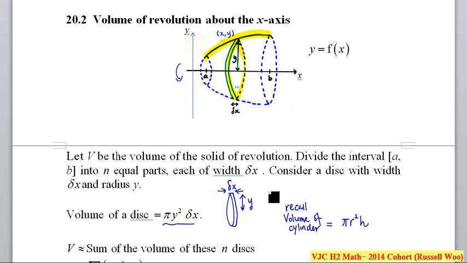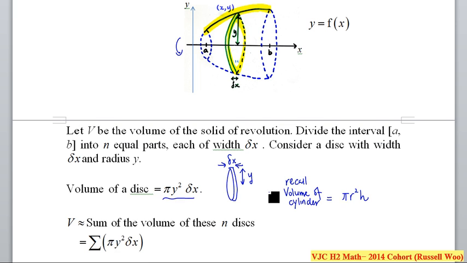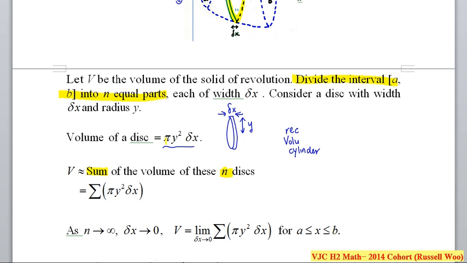Now, the volume of this solid of revolution is actually the sum of the volume of n discs. I'm not going to repeat this idea again because we have done this in area. We are dividing this interval into n equal parts, and eventually we are going to let n tend to infinity. So it is a summation now.